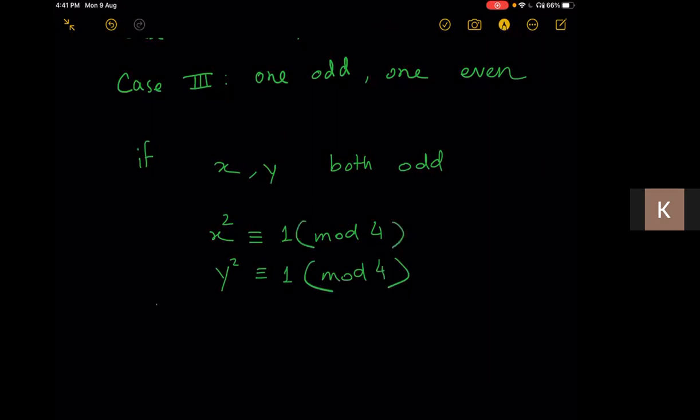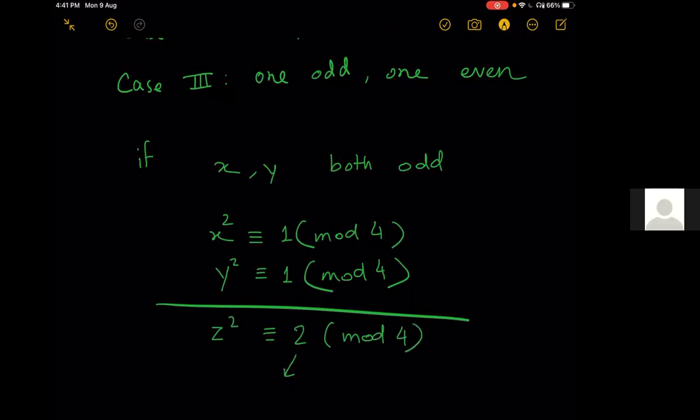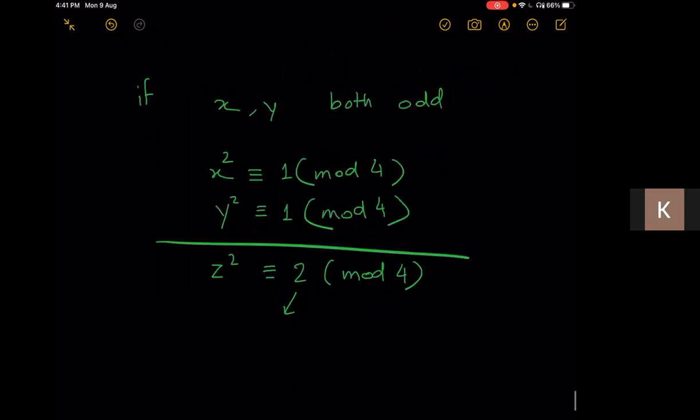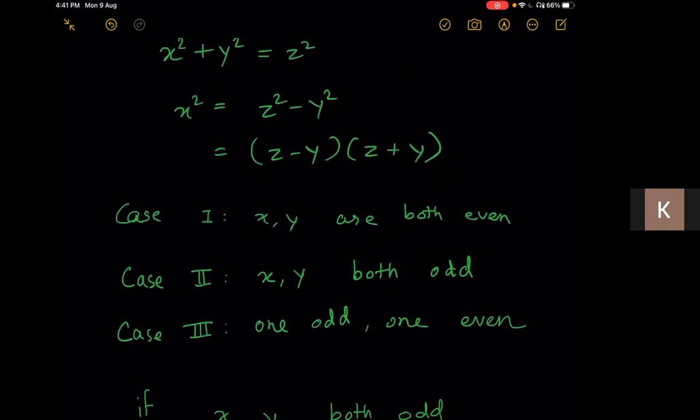Now if we add them, x square plus y square is z square, which is congruent to 2 mod 4. Can this happen? No, it cannot, because a perfect square cannot be 2 mod 4. So the both odd case is eliminated.